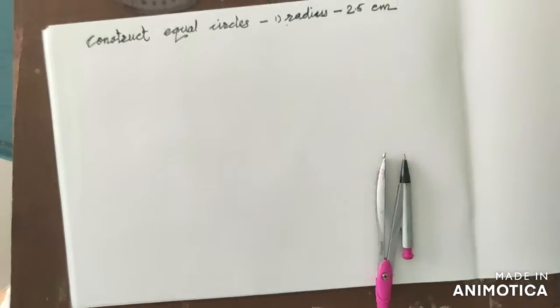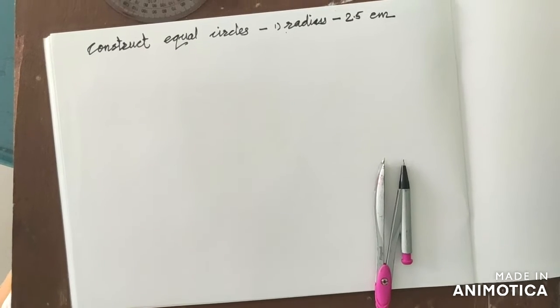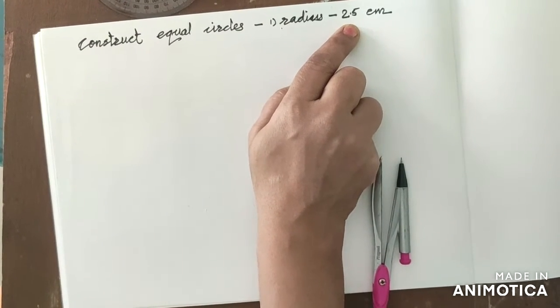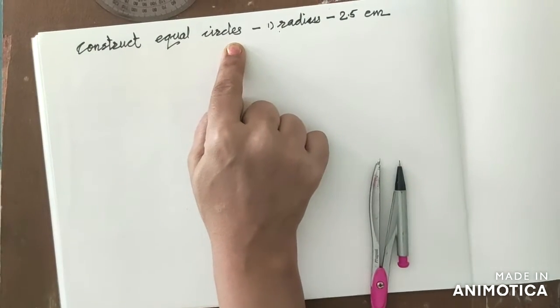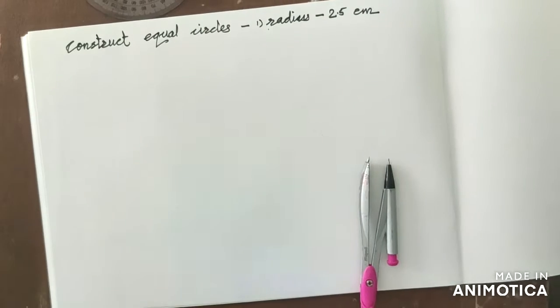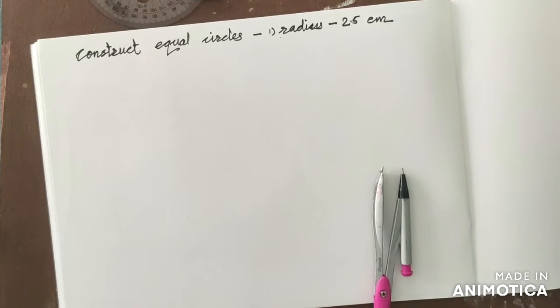So the next question, friends, related to again circle. So here only radius is given to us and we have to construct equal circles, and also all the circles touch to each other.